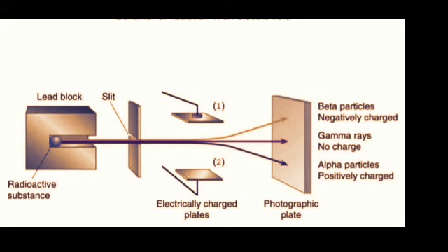The rays which deviated slightly towards the negatively charged plate are called alpha rays. Those which deviate substantially towards the positively charged plate are called beta rays, and those which do not deviate at all are called gamma rays.